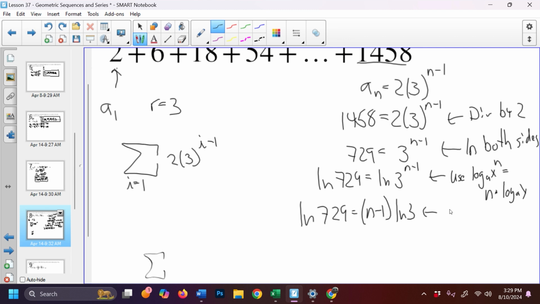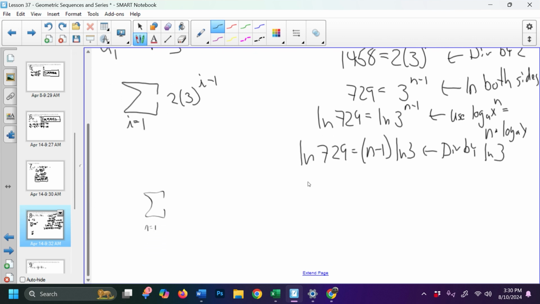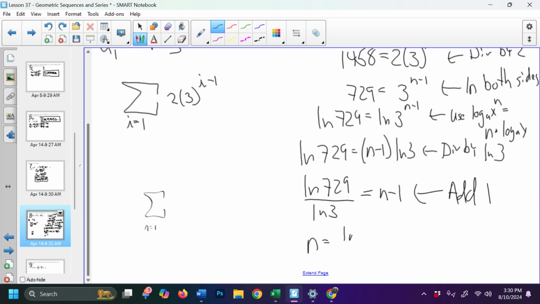And then we will divide by ln of 3. And that will give me the ln of 729 over the ln of 3 equals n minus 1. And here I'm just going to add 1 to both sides, so I'll have n equals the ln of 729 all over the ln of 3, all plus 1.